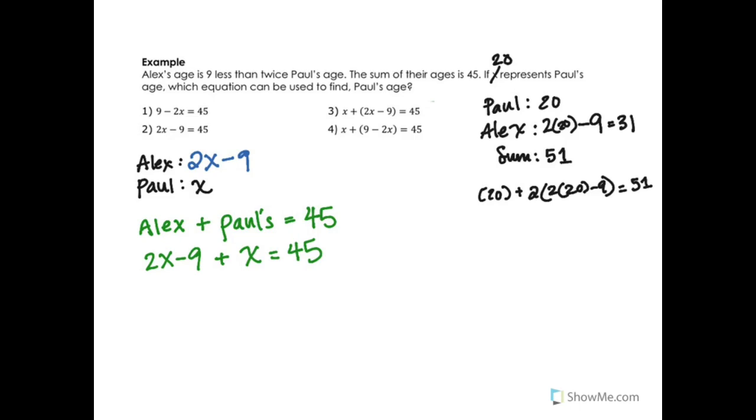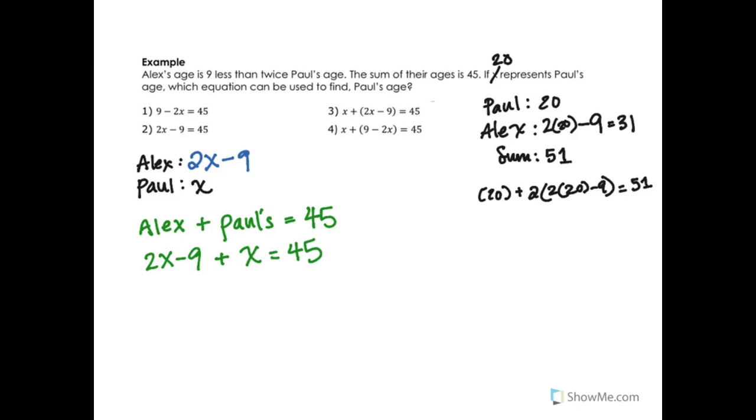All I did was pick a random number for the variable that was given to me, see how it would work in the sense of this problem, and check if I plug it into the equation that I chose, if it actually worked as well. So in this lesson, you have two things you can do. You can just write the expressions and equations based on the information given to you, but I want to see notes and I want to see how you're breaking down these problems.